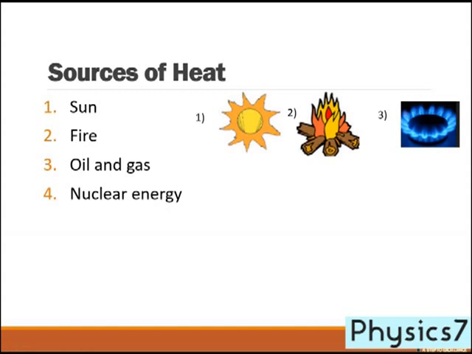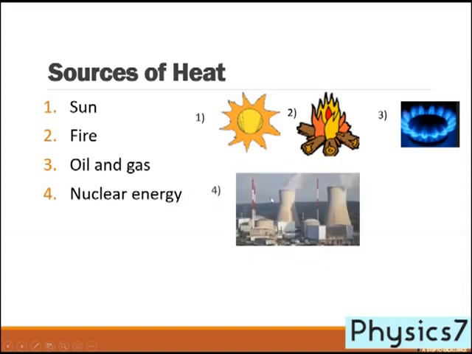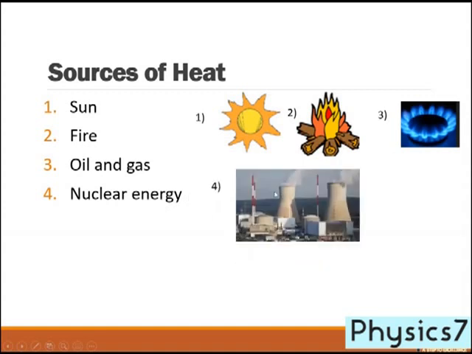But obviously there are dangers which need to be looked into, and we need to find ways in which we can protect the environment from the possibility of radiation leakage. But nuclear energy is an excellent source of heat, and it's used to produce electricity in nuclear power stations. And we will be looking at these in a bit of detail as we go through the unit.